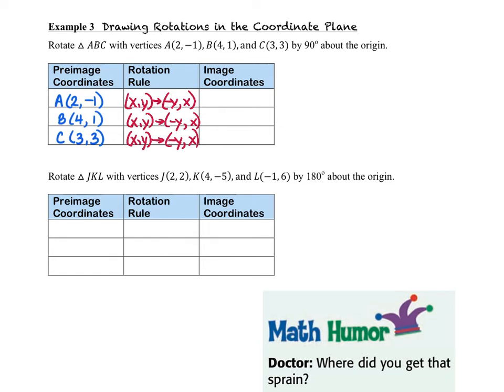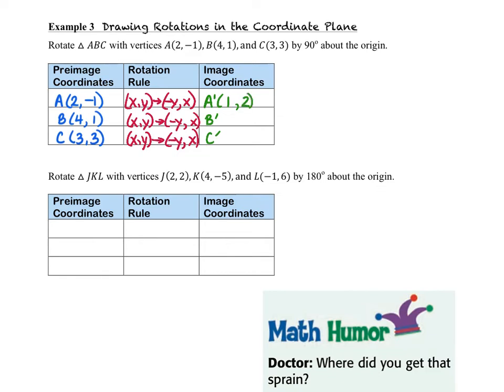And that means that we're able to figure out what the coordinates of the image are. So they're going to be called A prime, B prime, and C prime. And then we're going to use that rotation rule. So the original y, which was -1, we're going to use the opposite of that as the x-coordinate. So our x-coordinate is going to be 1. The original x is going to be the y-coordinate, so that's going to be 2.